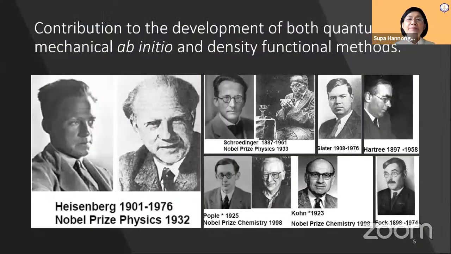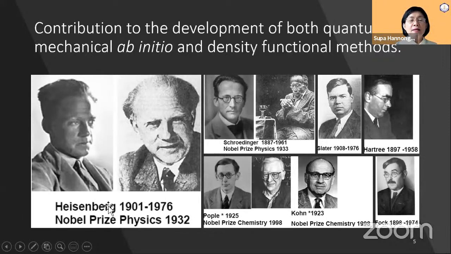Now, coming to the inspiration in science. This picture shows a very important scientist behind the foundation of quantum mechanical ab initio and also the density functional method that we are going to learn in this course. Here is Professor Heisenberg.